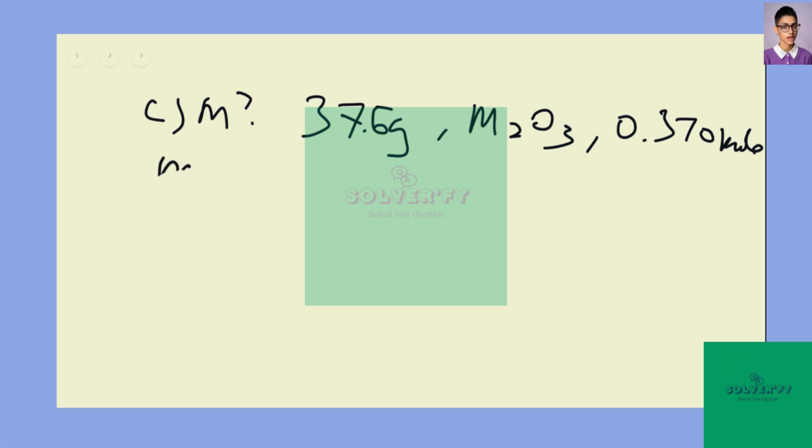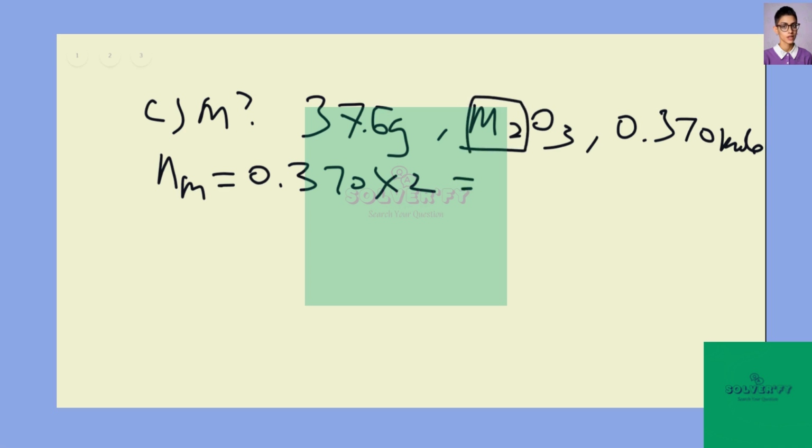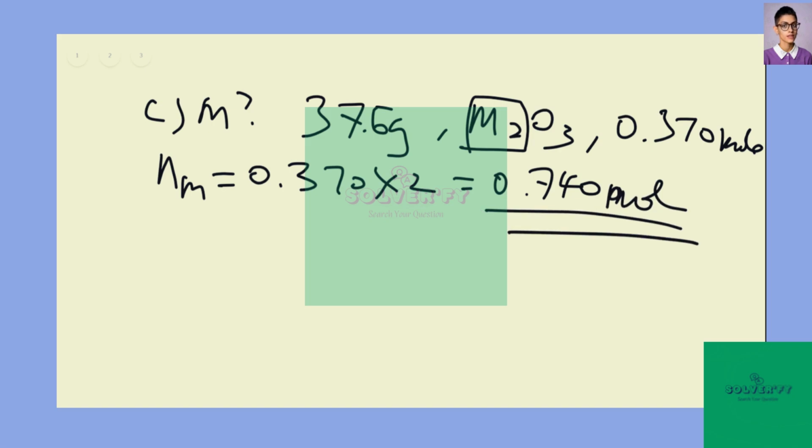First of all, we just need to find the number of moles of our metals. The number of moles of our metals is 0.370 times 2, because each formula unit has two metal atoms. So we have 0.740 mole of our metals.